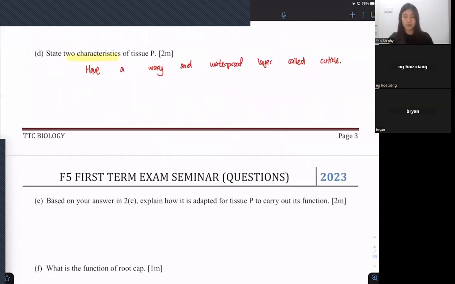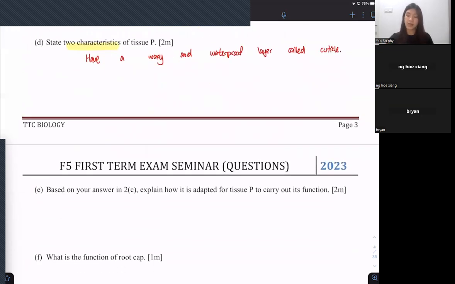Okay. Next, based on your answer, explain how the tissue P is adapted to carry out its function.